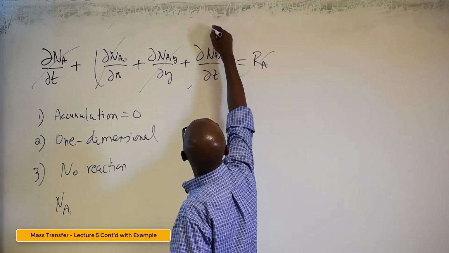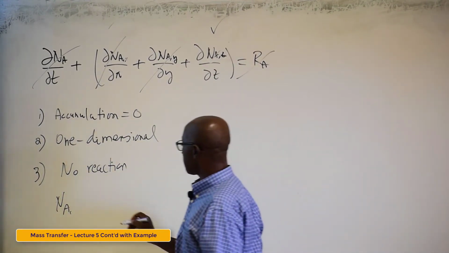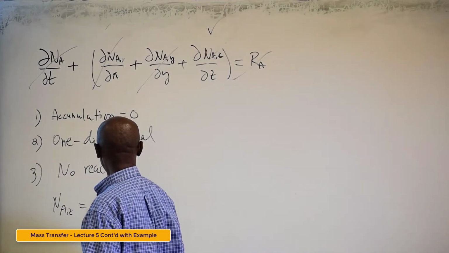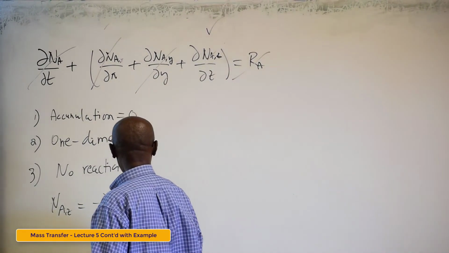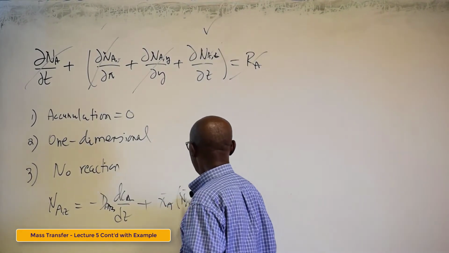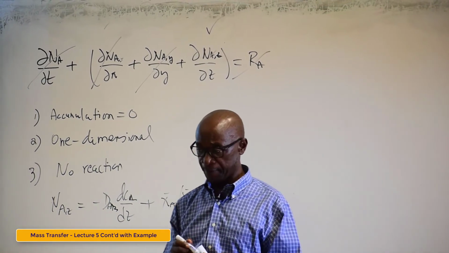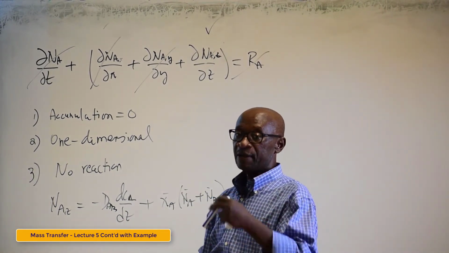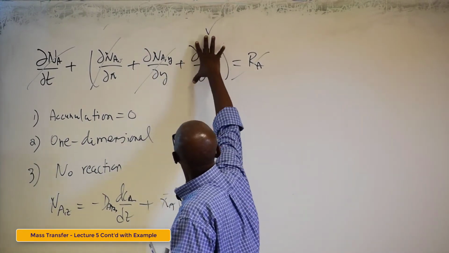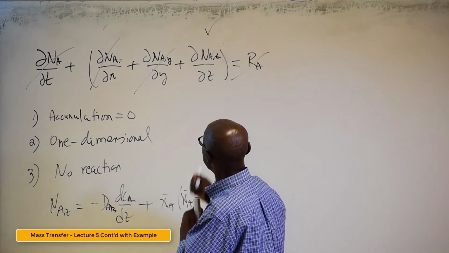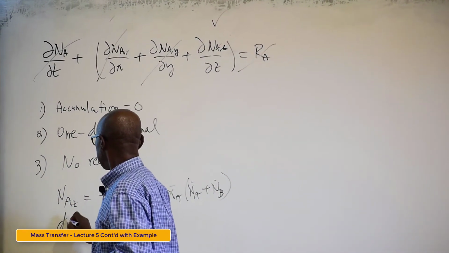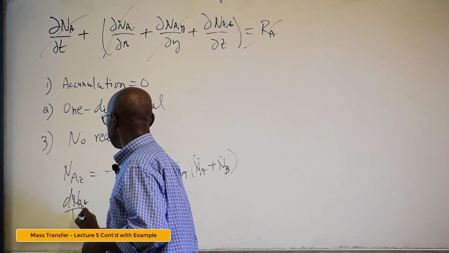And we'll be using Z. So we're defining the equation for flux N_Az is equal to minus D_AB dC_A/dz plus x_A bar (N_A plus N_B), where we consider a binary mixture of A and B. And this equation that is left, because there's only one dependent variable, becomes an ordinary differential equation instead of partial.